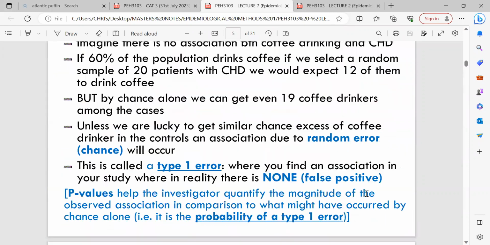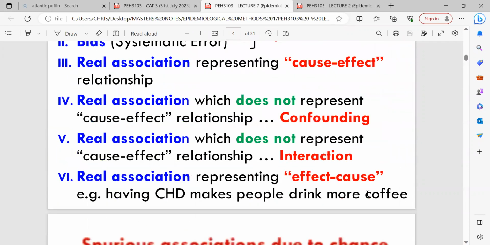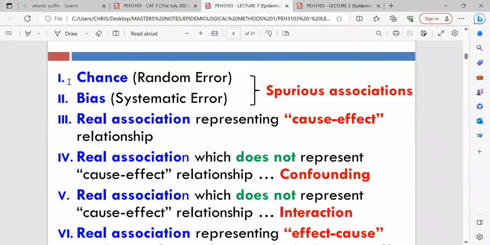I was trying to bring it in from this angle, because we have been told there is no chance, no random error, no bias, especially selection and information bias. So we are left with these others. That is what I was trying to see if it could fit. So you have said confounding. How do you explain confounding in that case?